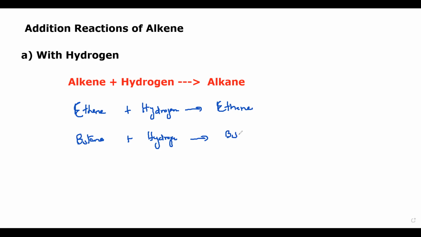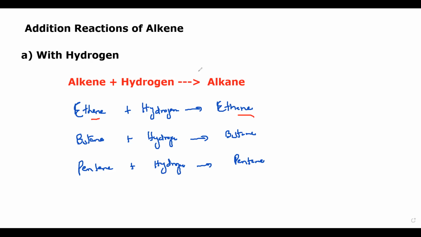The product will be butane. If we have pentene plus hydrogen, what will be the product? The product will be pentane. So when an alkene reacts with hydrogen, it will turn into an alkane.